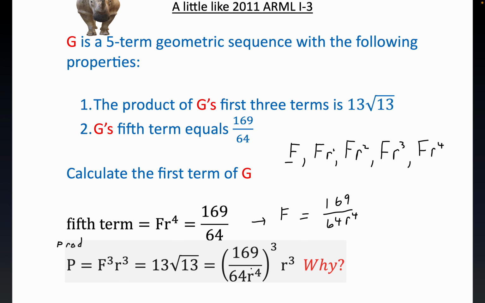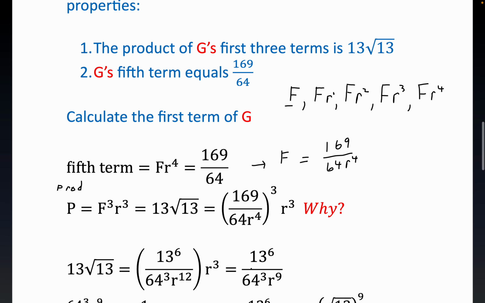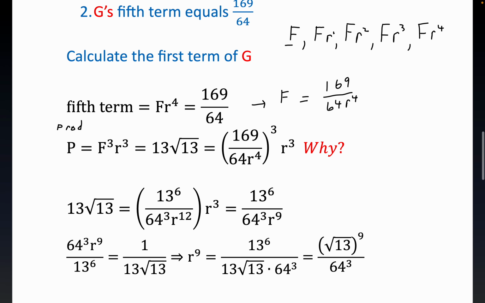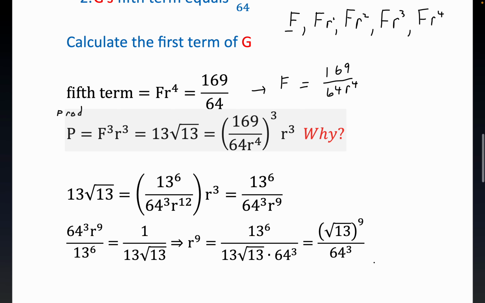Okay, now the arithmetic ensues, and we end up with this statement right here. Maybe if you don't see why that's happening, 13 to the sixth, here's how I remember it without doing rational exponents.